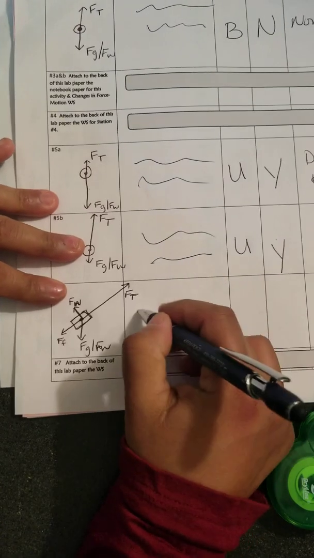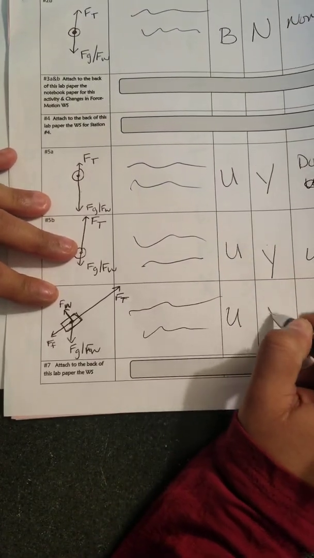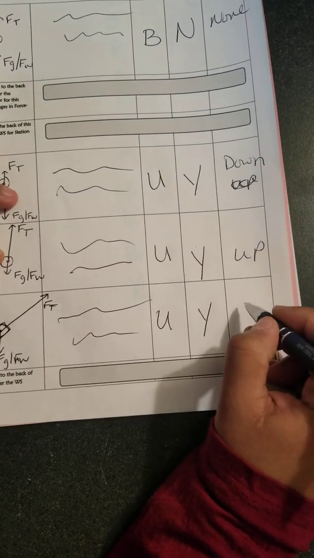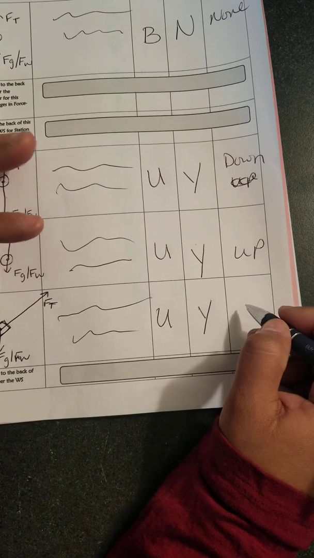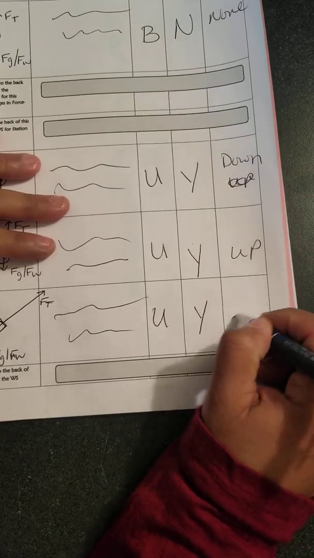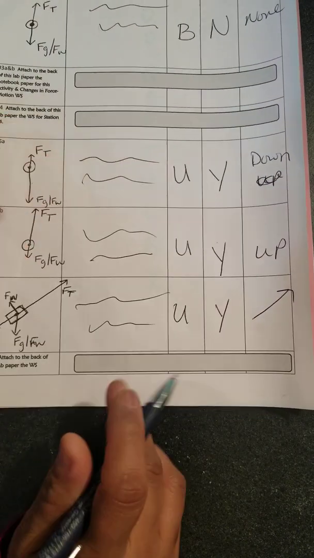Okay, so again, write out your sentences. This is unbalanced because yes, it's accelerating. And if you put northwest or upwards or something like that, that works. If you drew an arrow like that, that works too. Okay, we're on station 6.